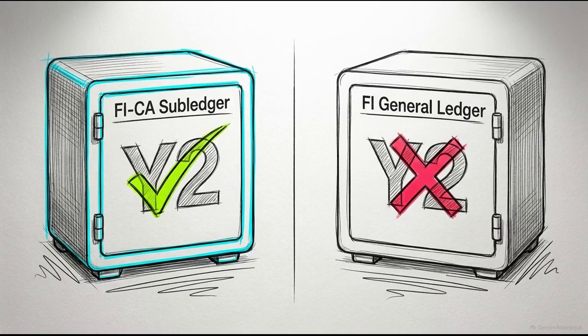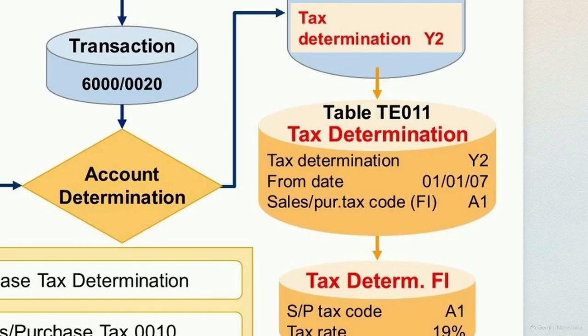We face an architectural problem. The internal code Y2 is recognized by the FICA subledger, but means nothing to the core general ledger in FI. Table TE011 acts as a temporal bridge. It compares the internal Y2 code and document date against a pre-configured from date. If valid, TE011 translates Y2 into a legally valid FI tax code, A1.